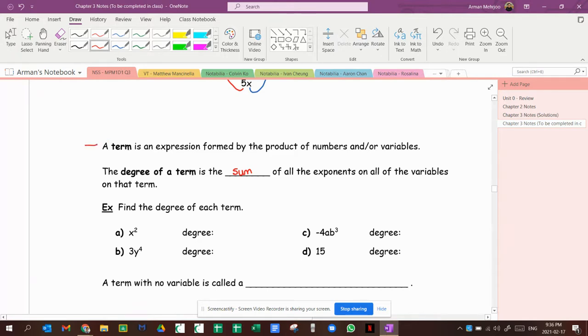So basically what they're saying here is when you have things that are separated by pluses or minuses, each one of these is a term. So for example, 3xy squared plus 7x cubed minus 12y to the fourth. This one has 1, 2, 3 terms.